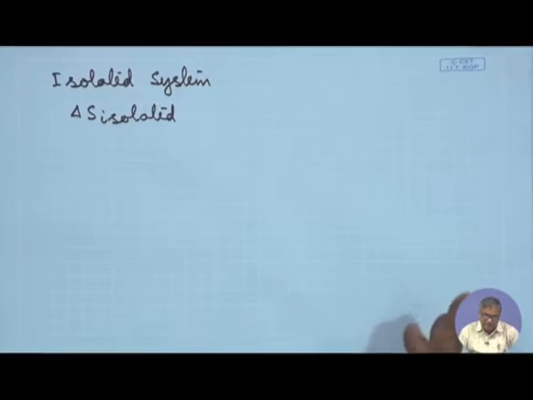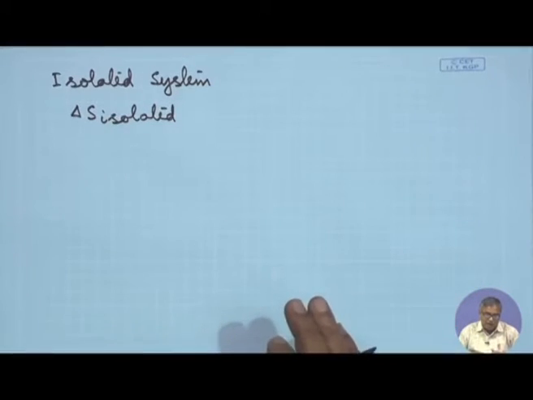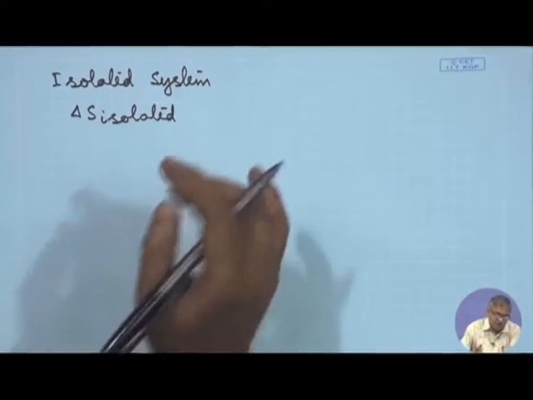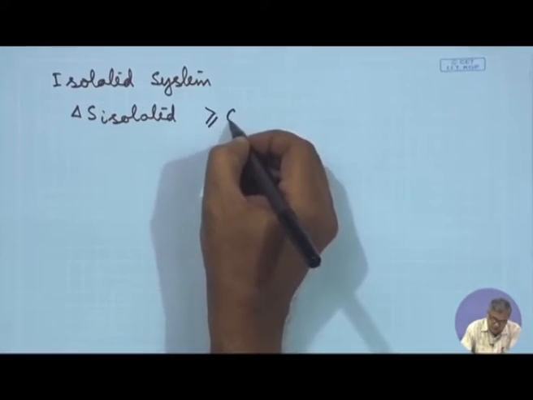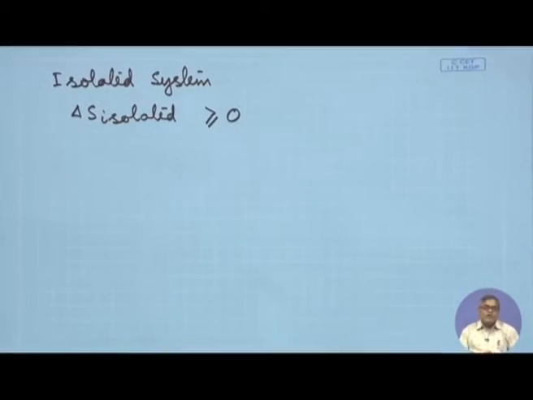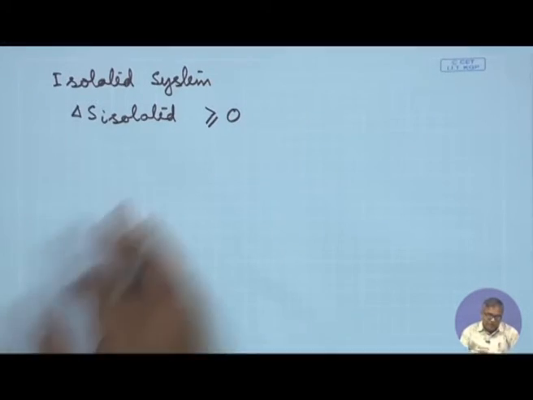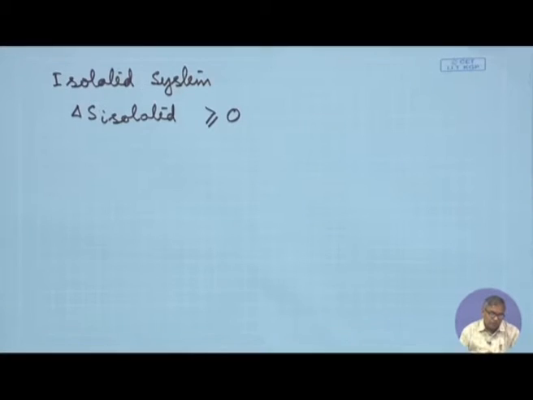Initially, let us say the state point is 1, and finally, the state point is 2, and for that process we want to calculate the change in entropy. So, delta S isolated will be greater than or equal to 0. For an isolated process, the change of entropy is greater than or equal to 0.